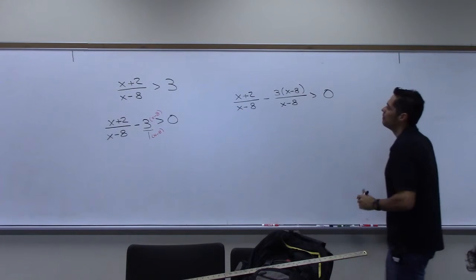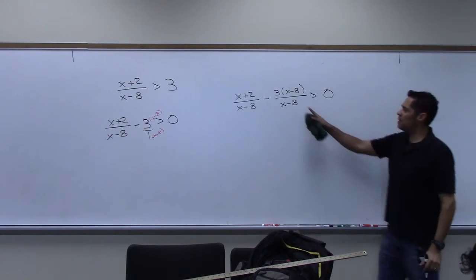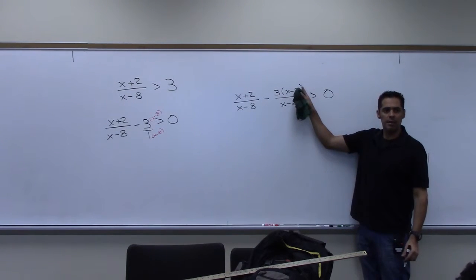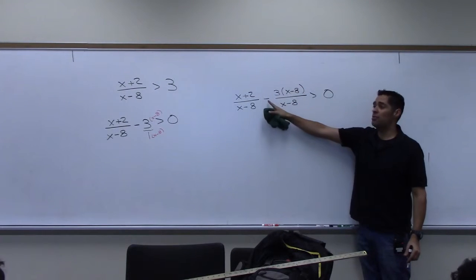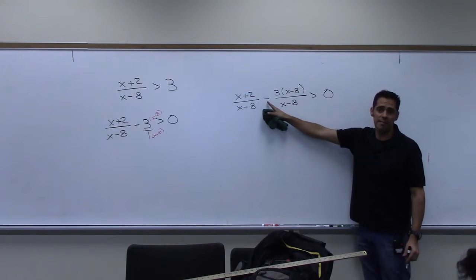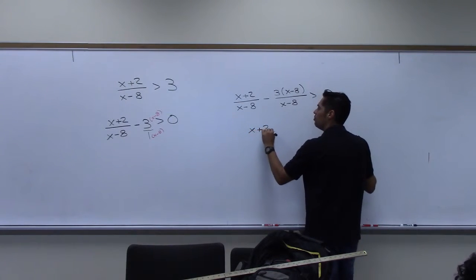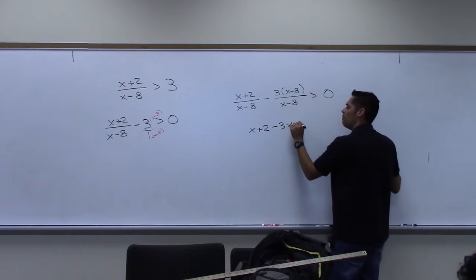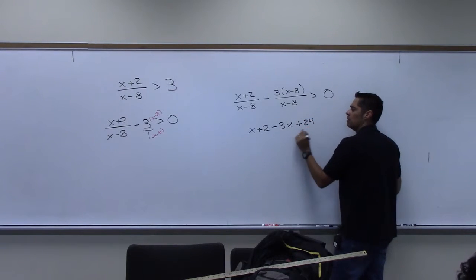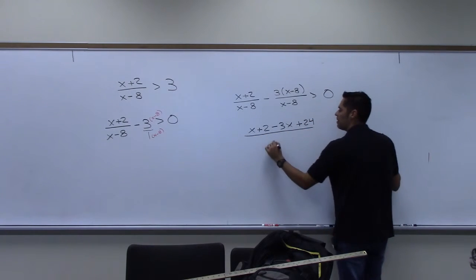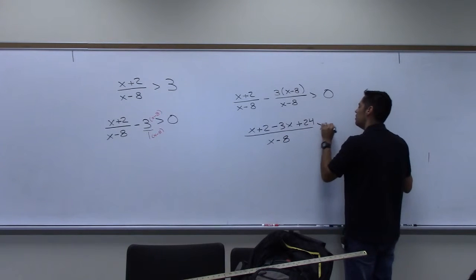Make sure you distribute that 3 through, right? And then make sure you distribute the negative through if you're going to combine them together. So I'm going to go ahead and combine them together right now. It would be x plus 2 minus 3x plus 24 across the top. The bottom, x minus 8, greater than 0.